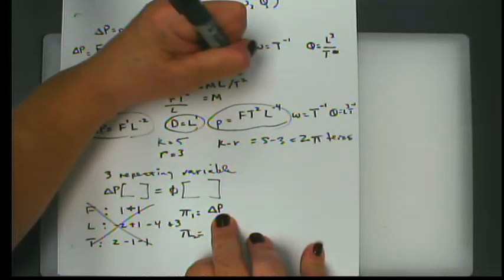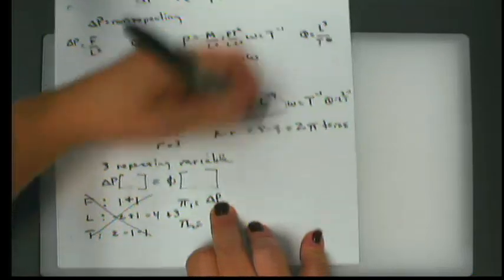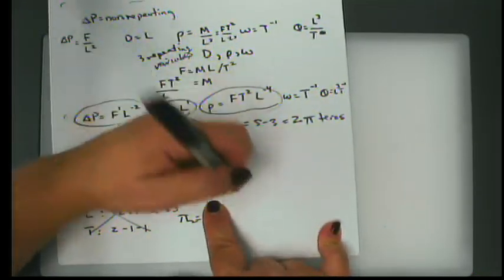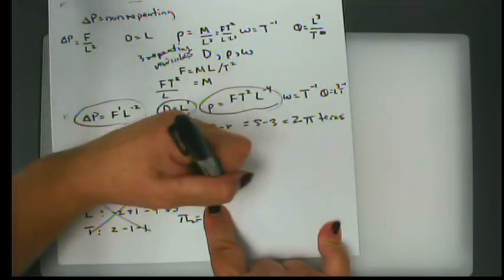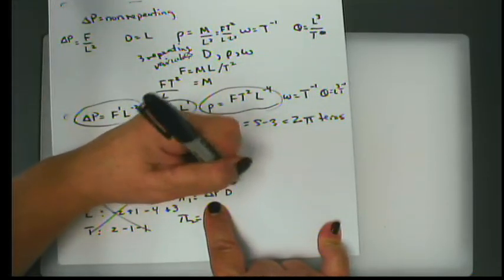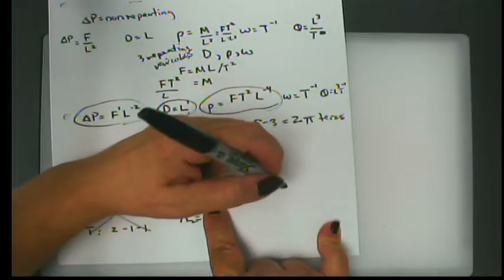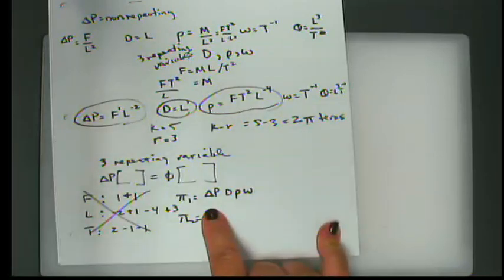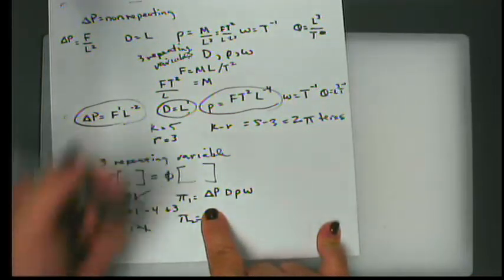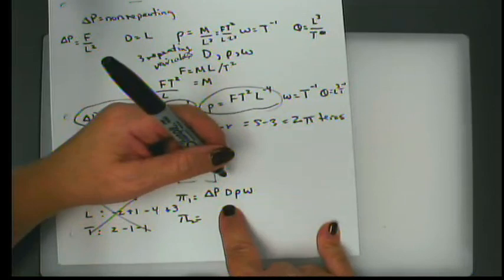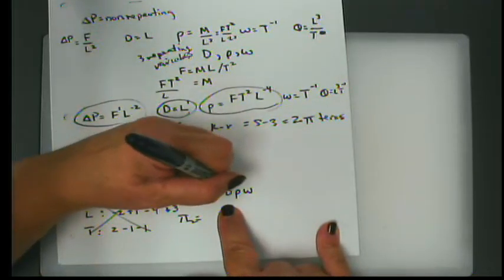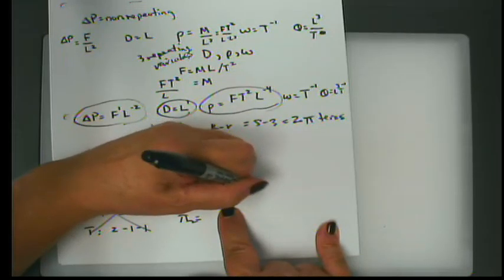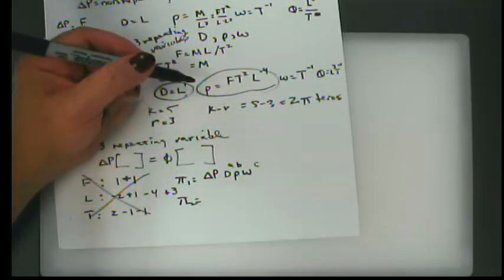So we're going to take delta P times D raised to some power times rho raised to some power times omega raised to some power. Let's call these powers A, B, and C.